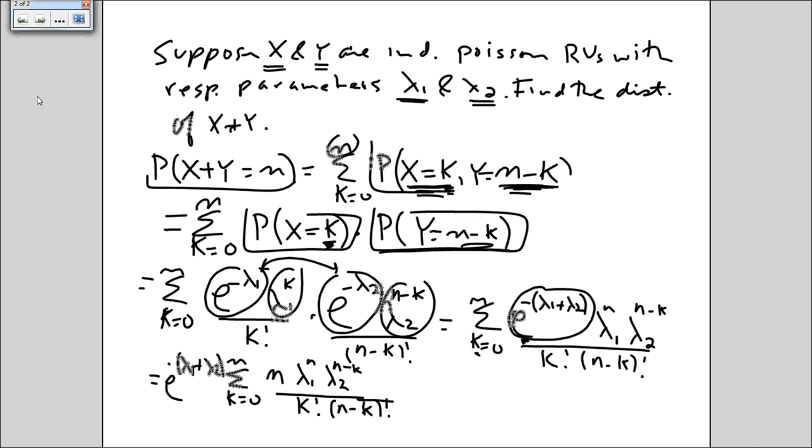If I put n factorial there, I'm going to counter it by putting n factorial in front. So now I have e to the negative lambda 1 plus lambda 2 all over n factorial, the summation as k goes from 0 to n.